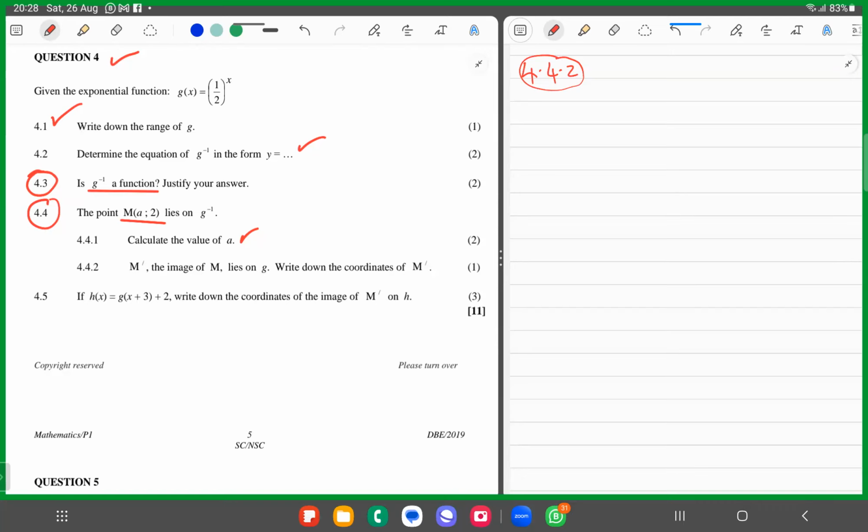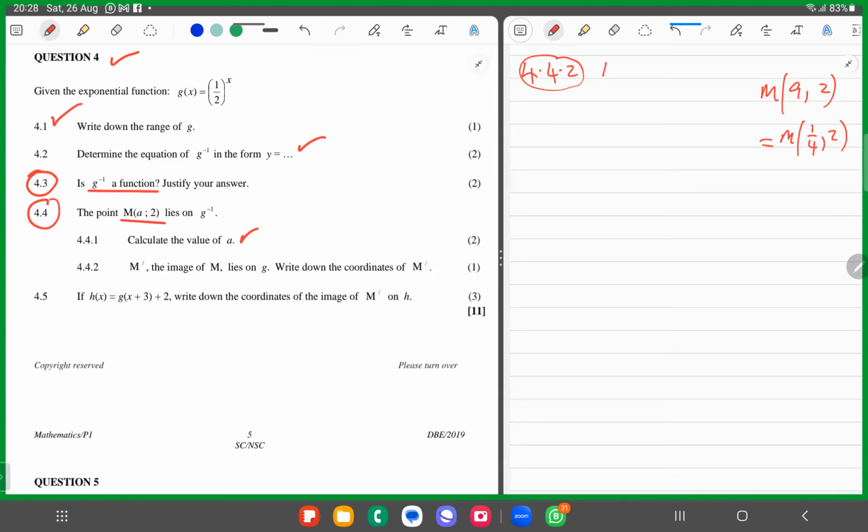Right, so now to write down the coordinates of M primed, you need to know the coordinates of M. We saw that the coordinates of M were given as A and 2 in the question. A was 1/4 and with 2 there.